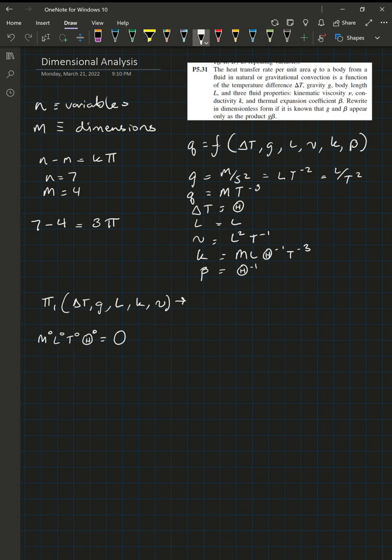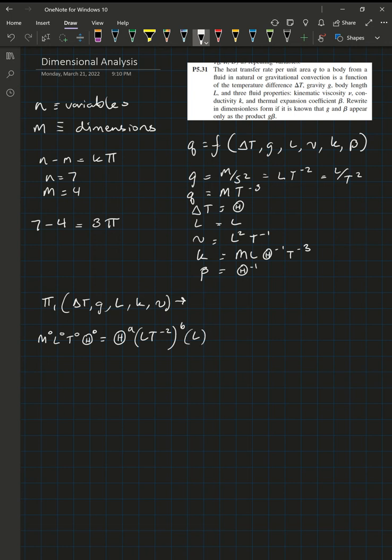Each of the repeating variables, we're going to raise to some arbitrary exponent. In my case, I just decided to choose A. You can choose whatever you want. G, which we determined as M, L, T to the minus 2, raised to the power of B, again an arbitrary choice.